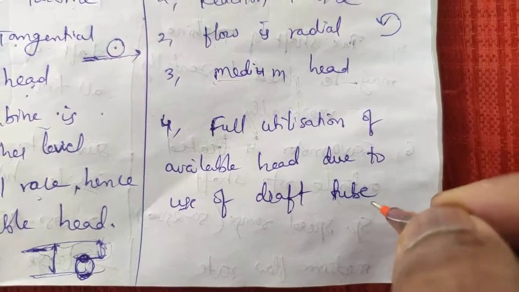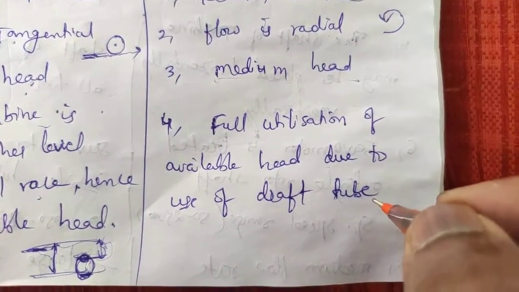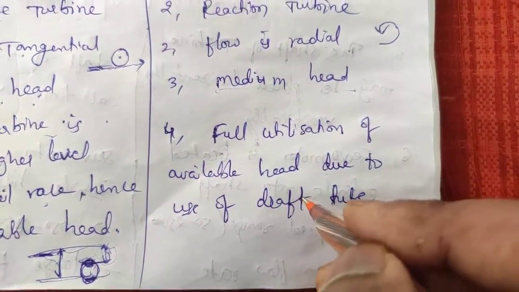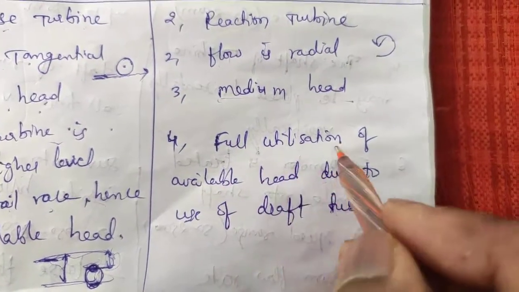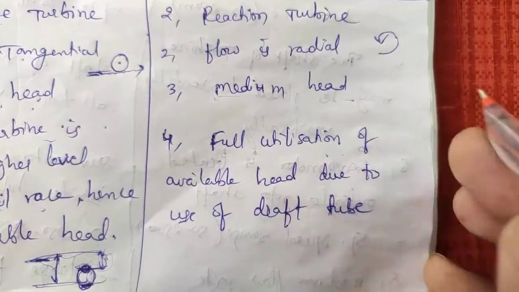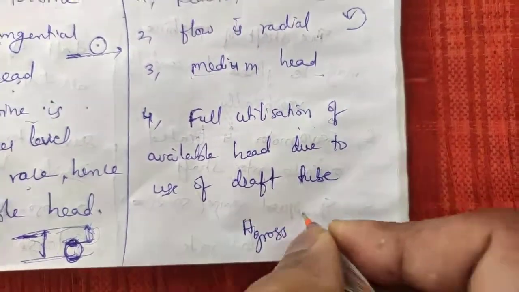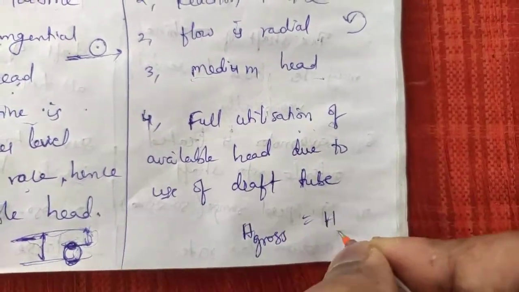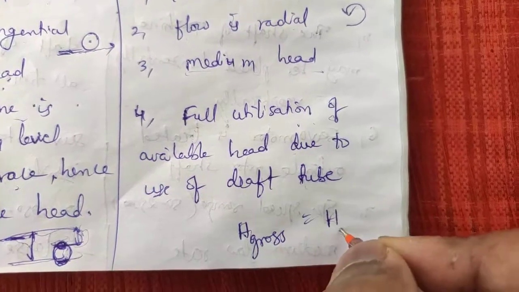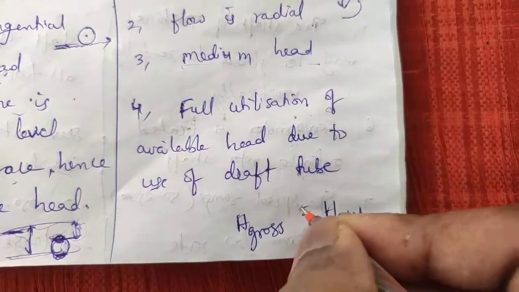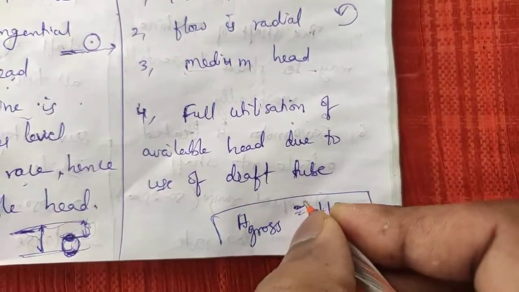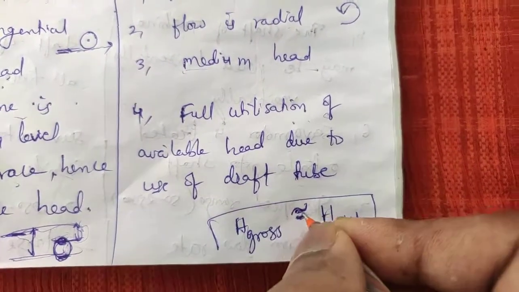Almost we consider zero loss of head in the Francis turbine. So the entire gross head is utilized as net head. Here gross head H gross equal to H net. Almost, not exactly equal, almost equal.